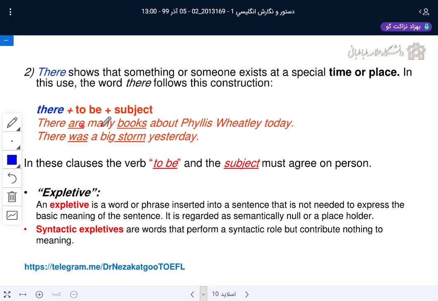So there are many books. So we have subject-verb agreement. Books is plural, are is plural. There was a big storm. Storm is singular, was is singular.